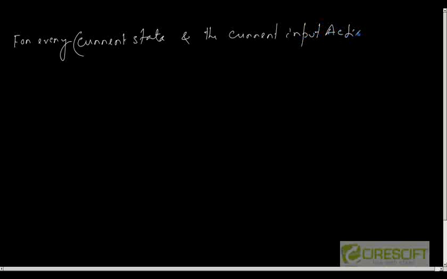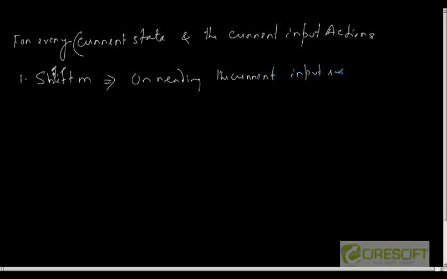What are these actions? The action table contains the following actions. First is shift M, S-H-I-F-T M. What does this mean? This means on reading the current input symbol, you push state M into the stack.